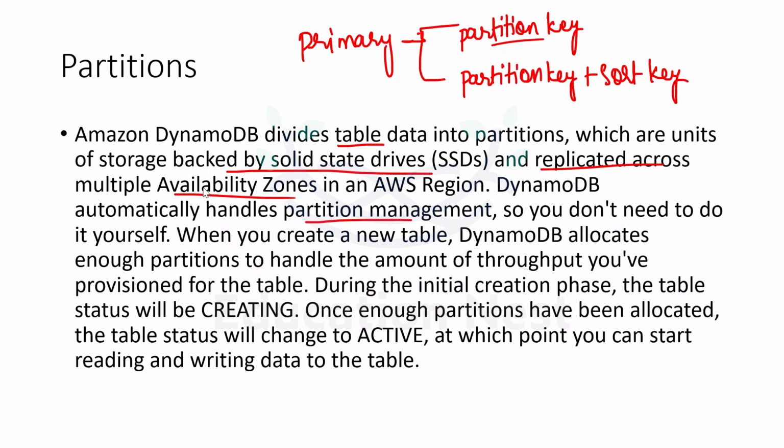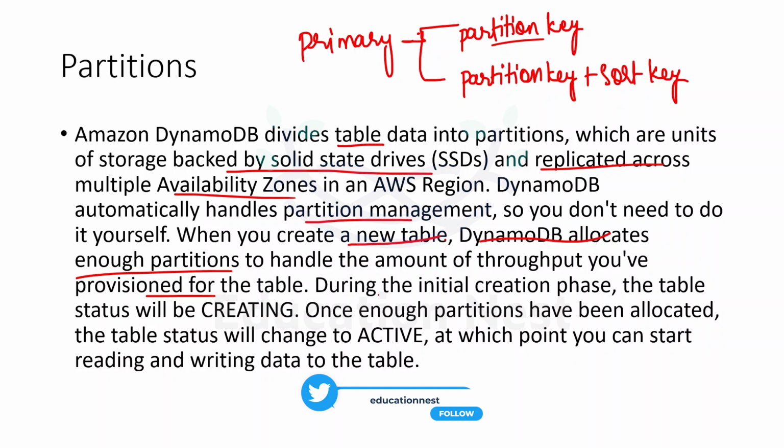Whenever you create a new table, DynamoDB allocates enough partitions to handle the amount of throughput that you have provisioned. Whatever throughput you provision for your table would be divided across those small partitions.